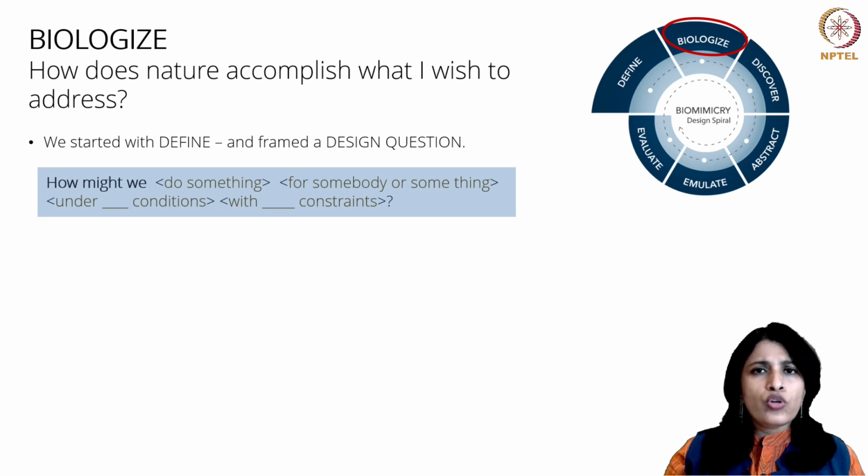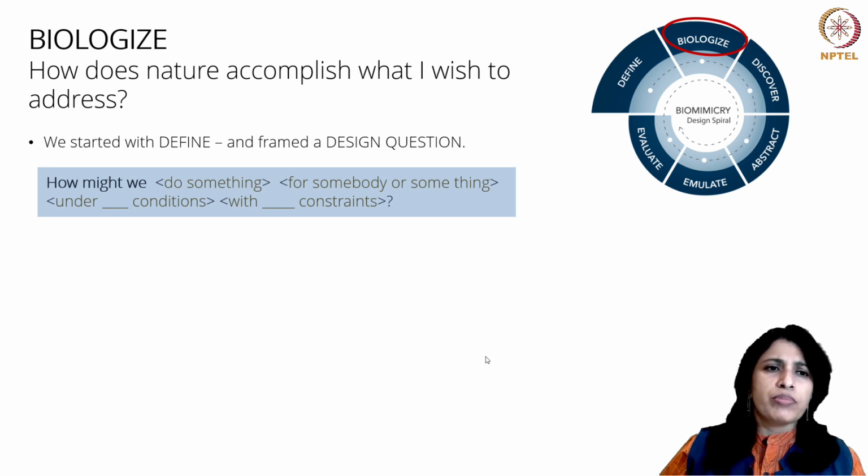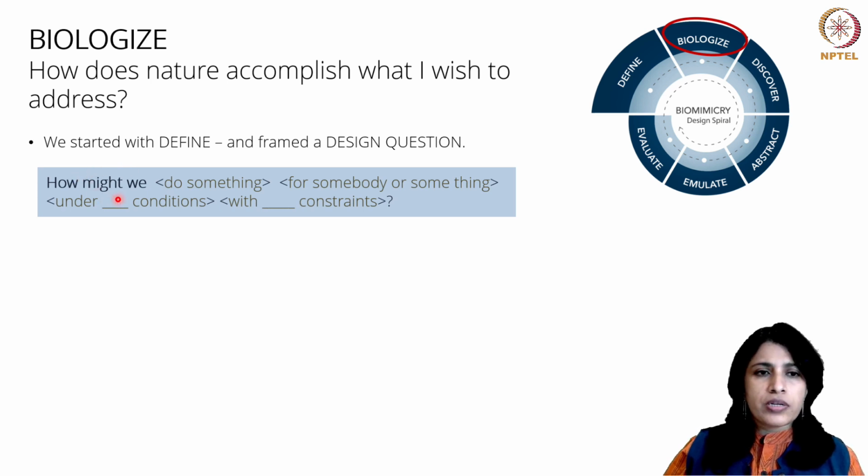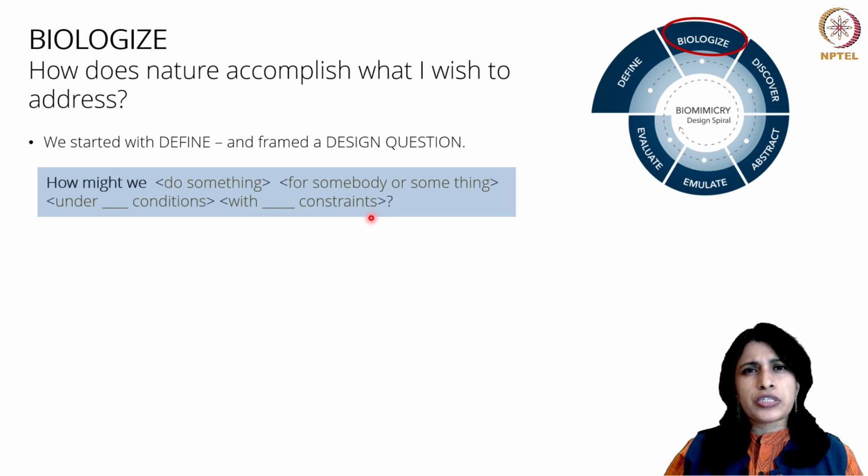So in define, you will recall that you did something like this. You defined or framed a problem statement in this manner: How might we do something for somebody or something under certain conditions and constraints?